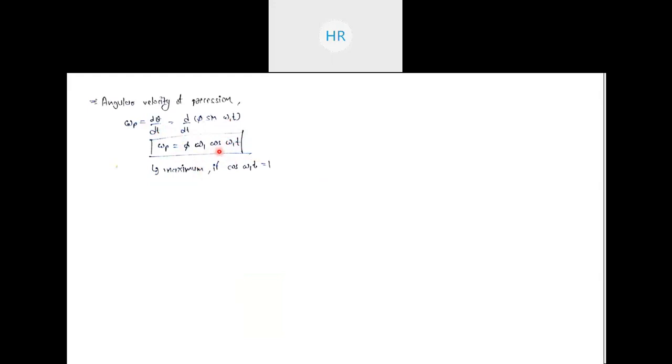હવે આની જો મેક્સિમમ વેલ્યુ લેવી હોય તો શું કરવું પડે? This cos omega 1 t is equal to 1, then we will get the maximum value of this angular velocity of precession. So omega p max is equal to phi into 2 pi by tp.